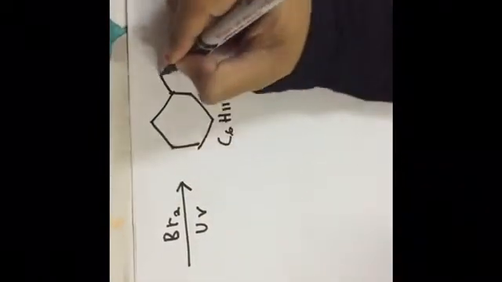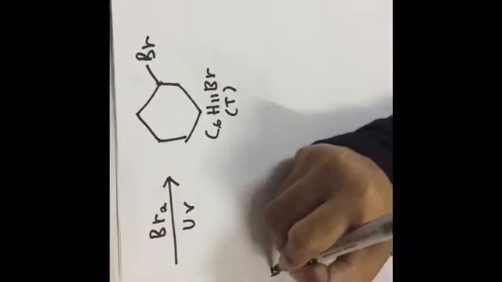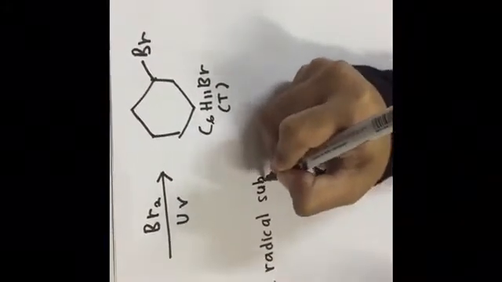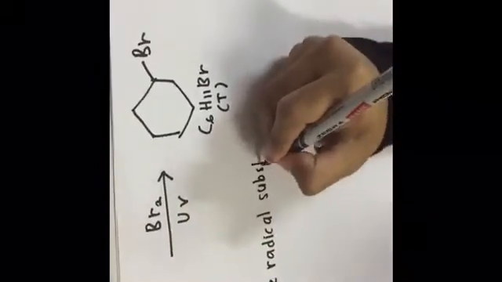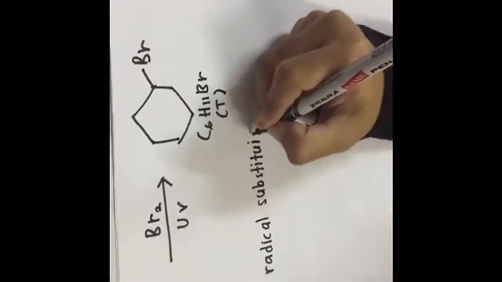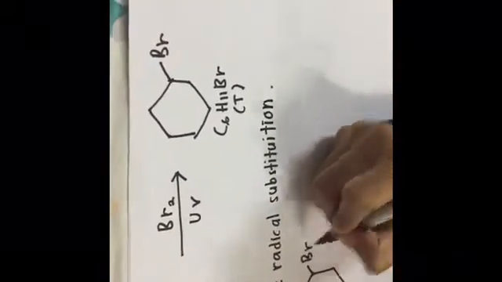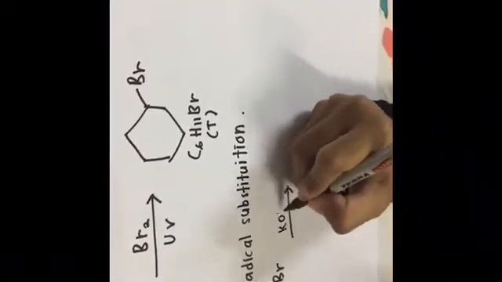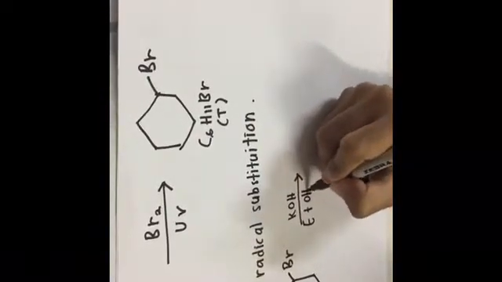For the first one, compound S, C6H12, reacts with bromine under sunlight to form T. This is how to write the reaction. The name of the reaction is free radical substitution. For the second one, T reacts with KOH in hot ethanol to form U. This is how to write the reaction.